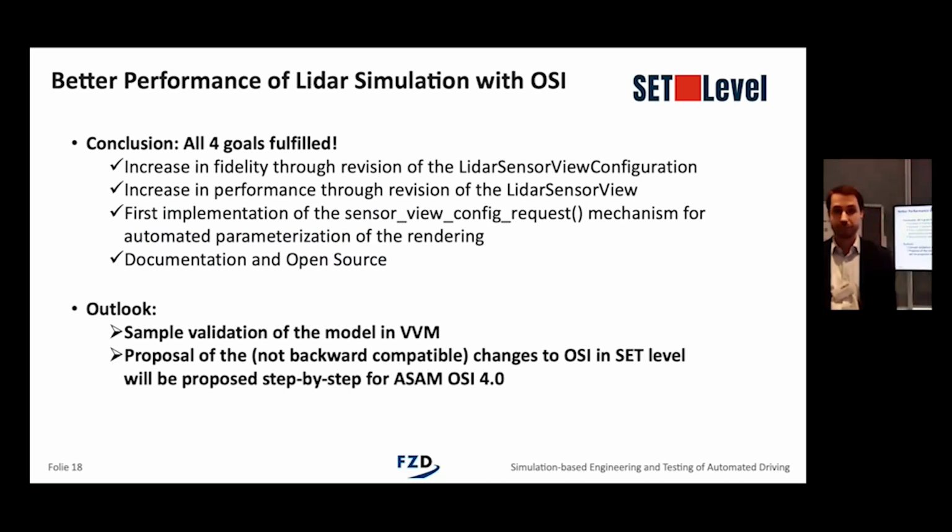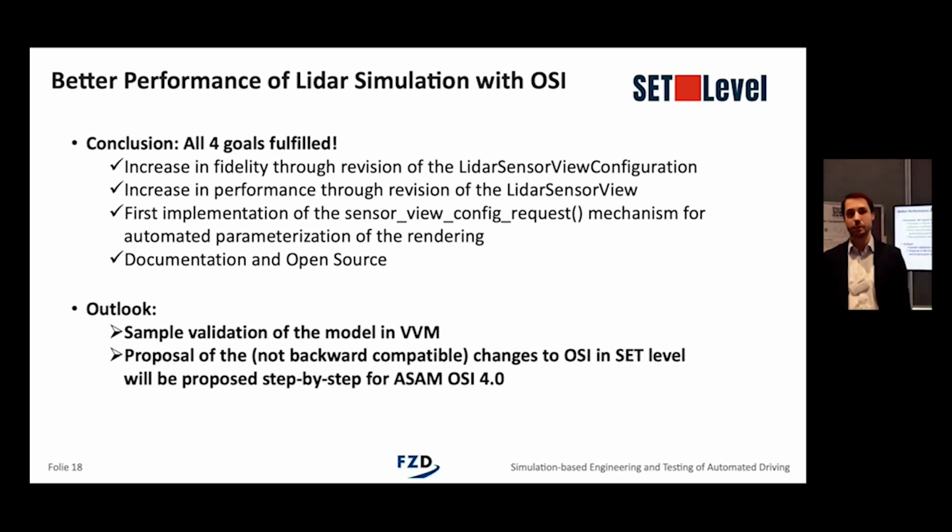So as a conclusion, all 4 goals were fulfilled with the performance and general OSI enhancement. As an outlook, what's going to happen next is a sample validation of this model, so really comparing the model to real world data. This is done in the VV Methods project.